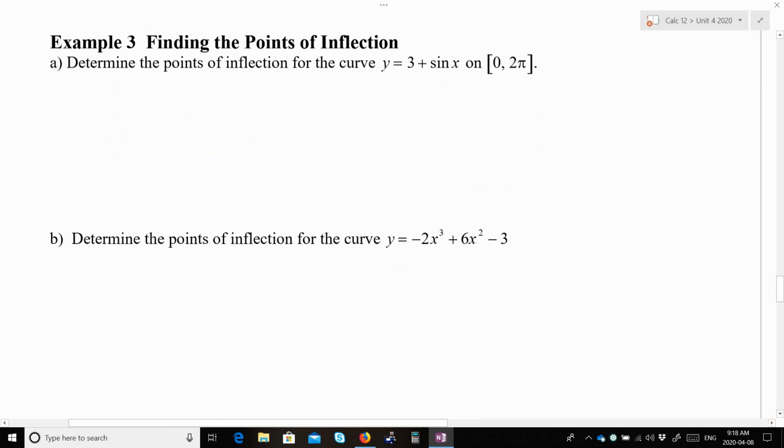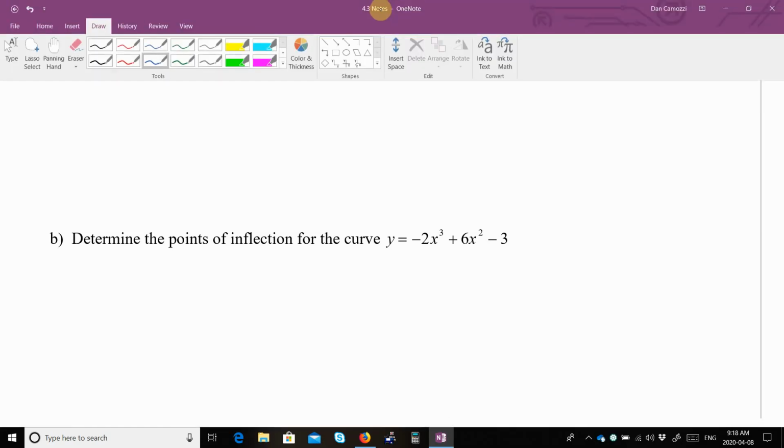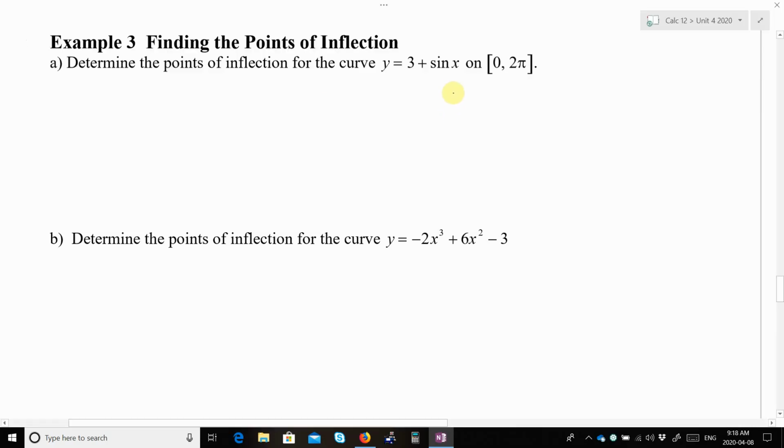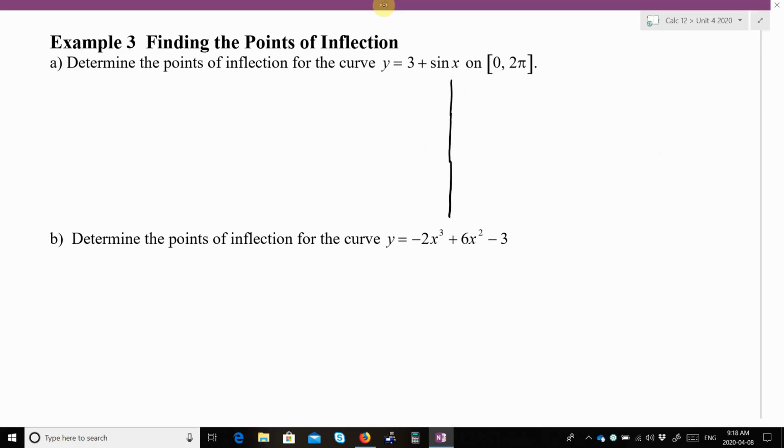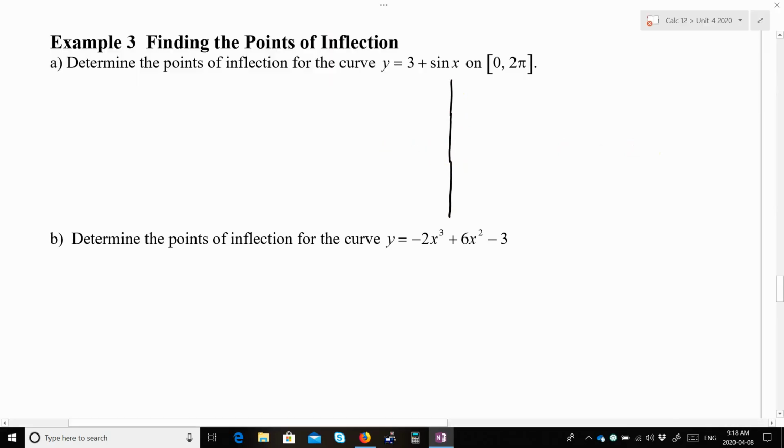All right, so let's do an example. Example 3, finding the points of inflection. Determine the points of inflection for the curve y equals 3 plus sine x on 0 to 2 pi. If we do a quick graph, sometimes with these it's pretty nice to see on the graph. Here's my y-axis, there's the x.